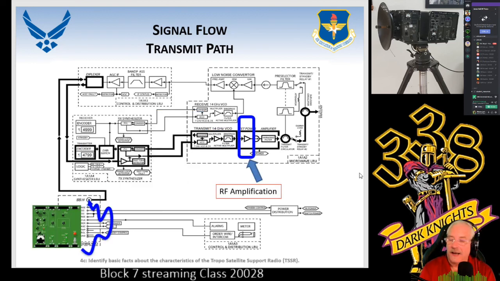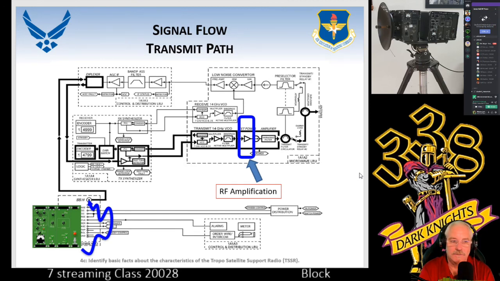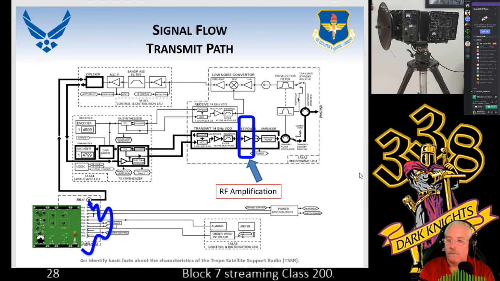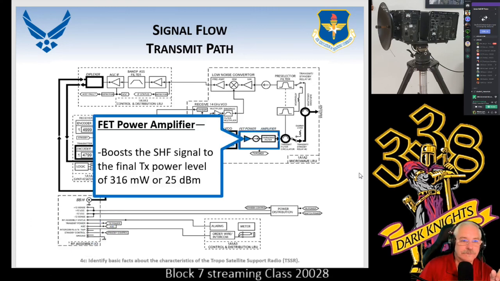When we look at the third part of our basic radio, you've had modulation, went from baseband to IF, IF to RF, which is past the multiplier, and now you're going to have a high-powered amplifier, which is going to get us the final output in wattage.